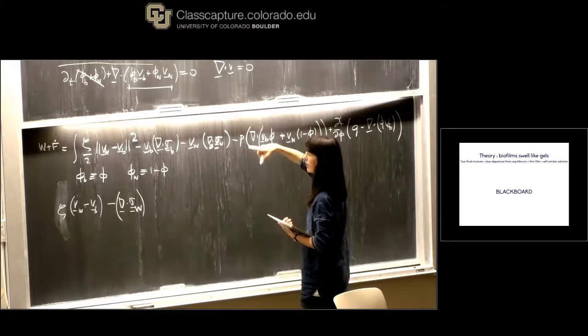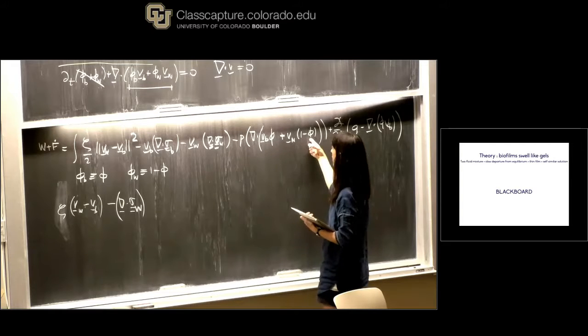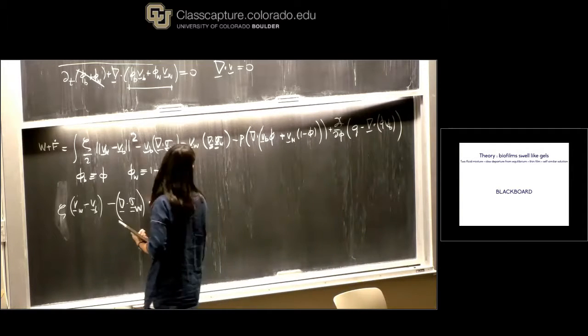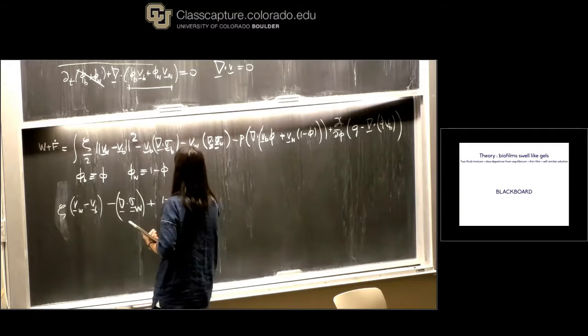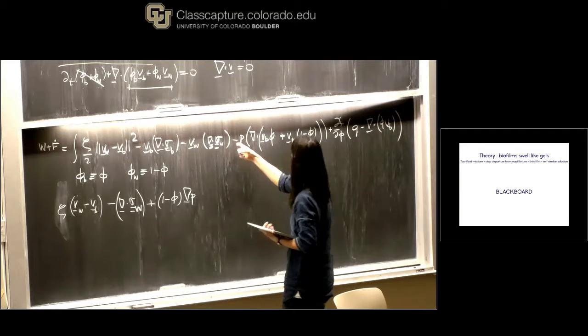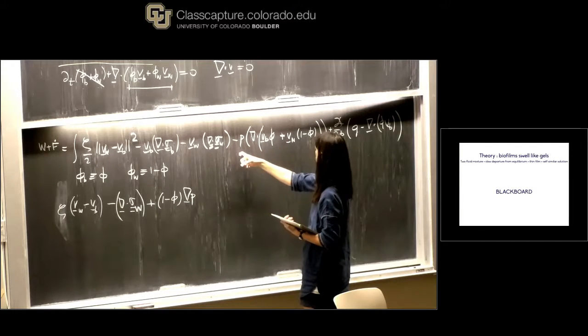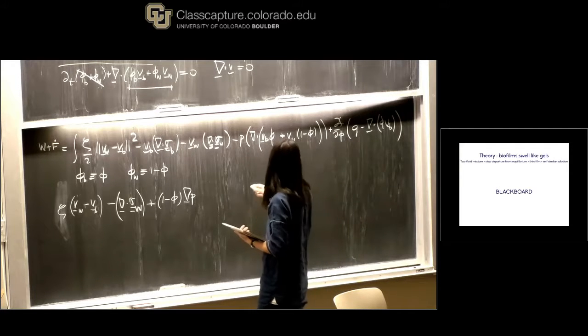So you'll have to do one integration by parts. You get a plus sign, gradient of pi times 1 minus phi. Is the sign right? This is minus, one integration by parts, gradient of P, yeah, should be right.